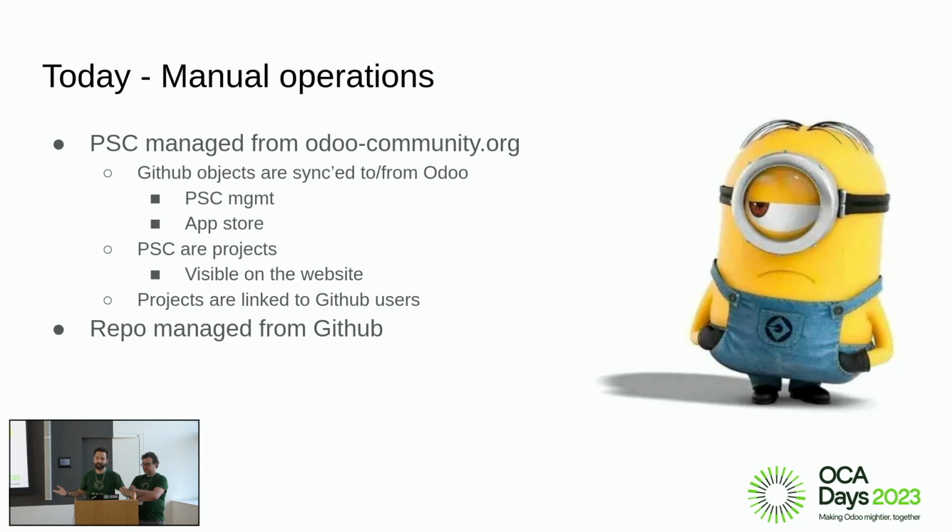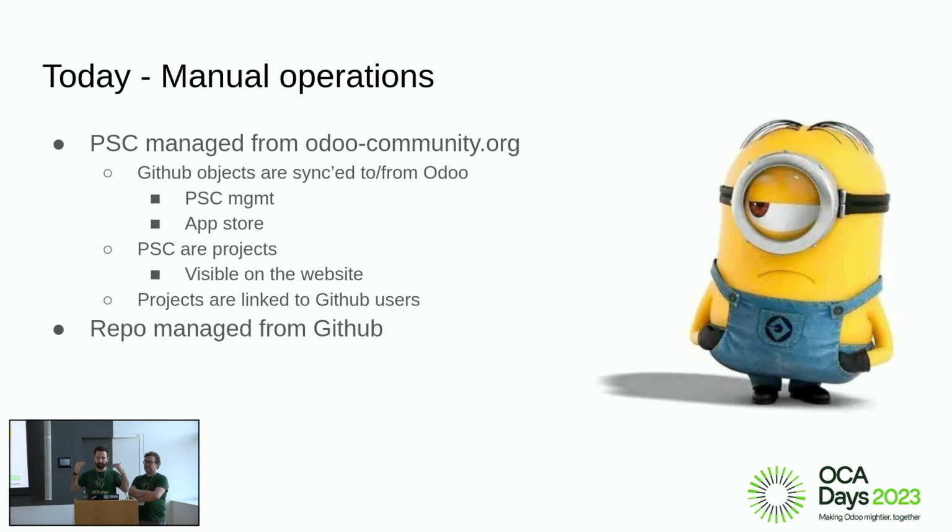And this is because of the manual operations that I mentioned before. So what we have to do when we have such requests is, first of all, if the repository is not there yet, we have to create a repository and then wait for the sync to happen between the Odoo instance and GitHub. We have to take care of the PSC, and the PSCs in our Odoo instance are projects, the project.project model.